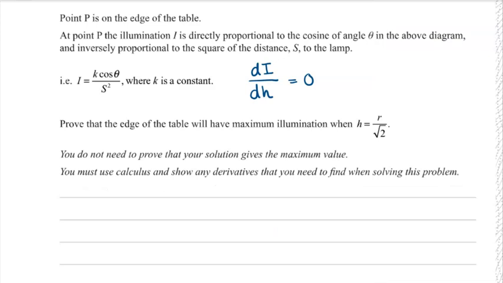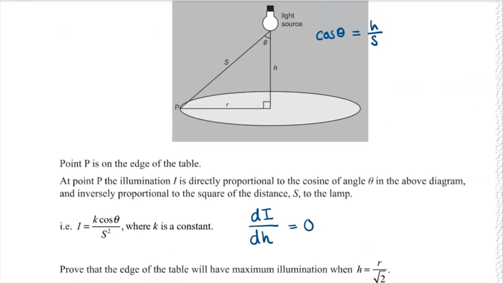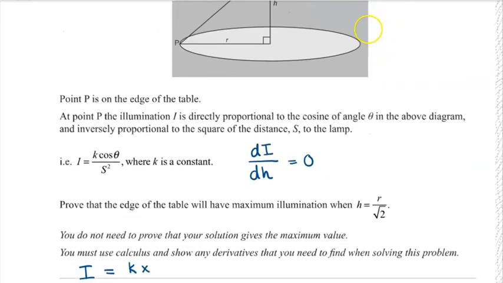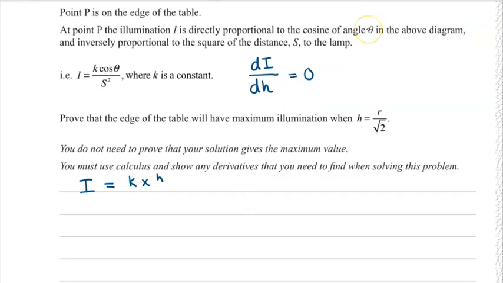So I go back to thinking about what I is. So we can replace cos theta with what we just worked out, that it is equivalent to h over s. So h over s, and it's going to get divided by s squared. That's kh over s cubed. Now let's see if we can do something about the s.